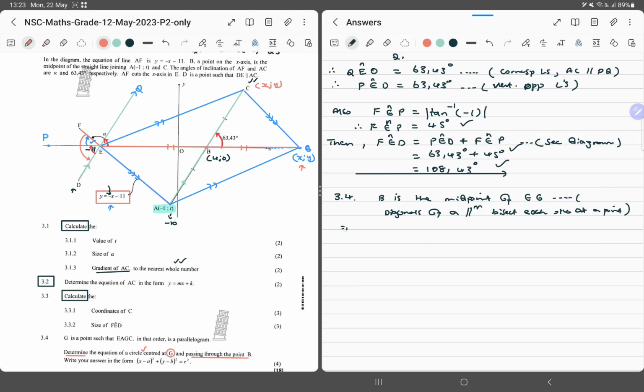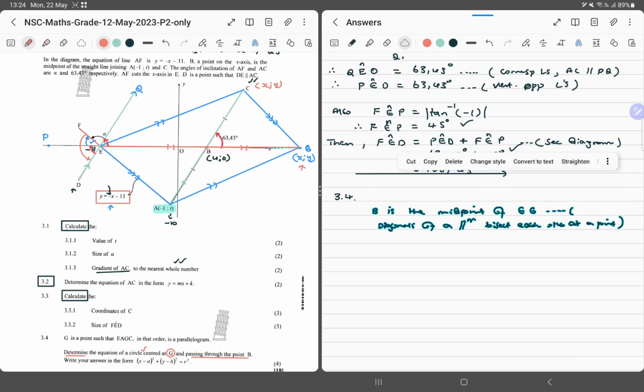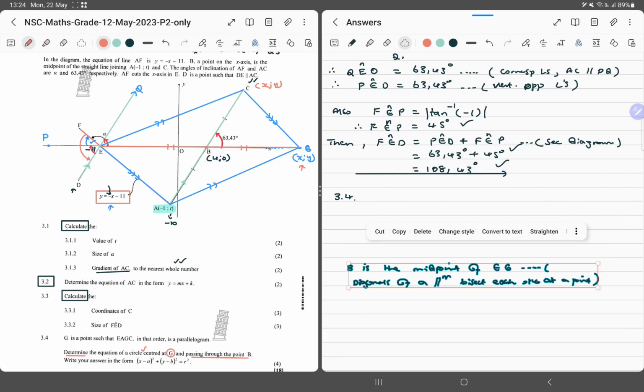So what does this imply? It implies that G is going to be the point where... okay, let's not rush. Let's just be systematic a little bit. You are not supposed to come out first. The first statement to come out is this one. We know that E is such that 0 is equal to minus x minus 11, right?